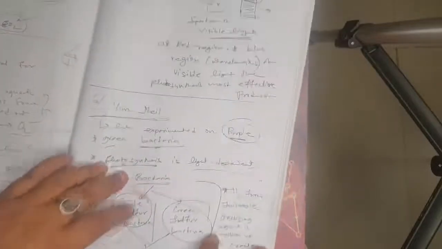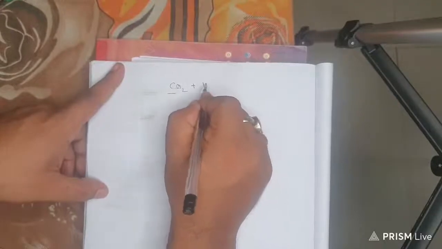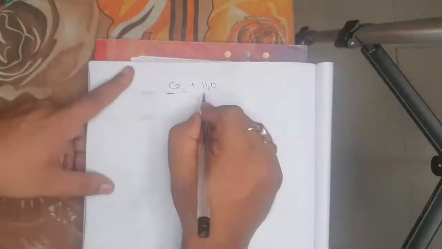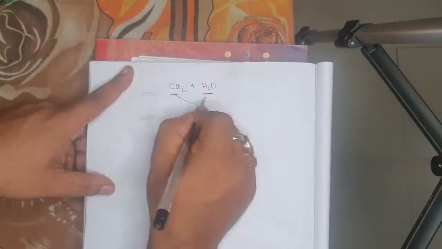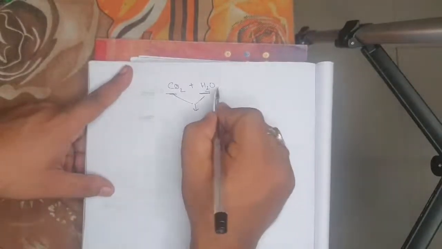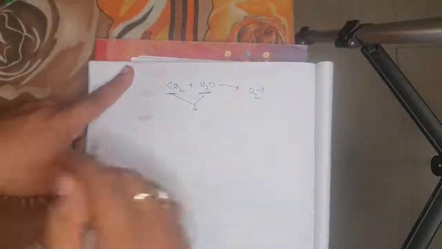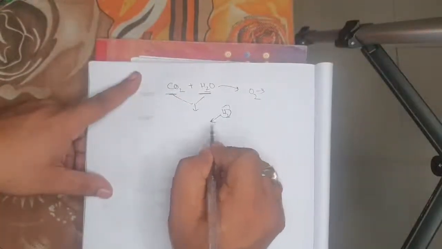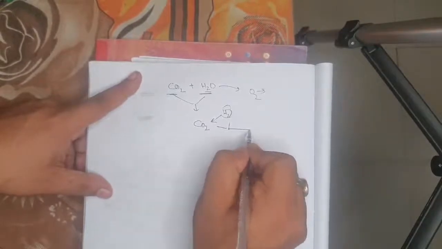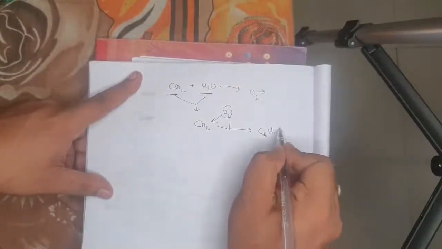Let us go into it. Look, in photosynthesis, the plant, or any photosynthetic organism, takes CO2 from the atmosphere and also H2O from the soil, and both of them combine. Actually the O of the H2O goes out as O2, and H2 is taken up and combines with CO2 to give C6H12O6.